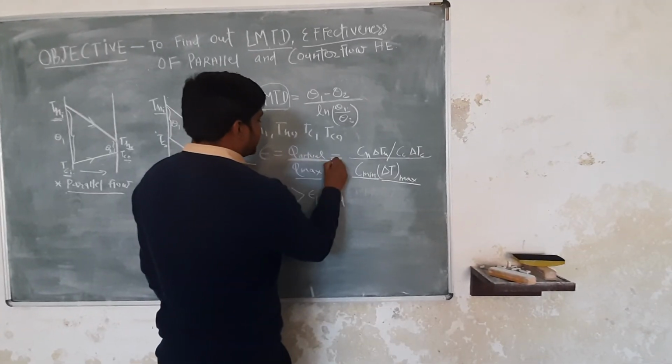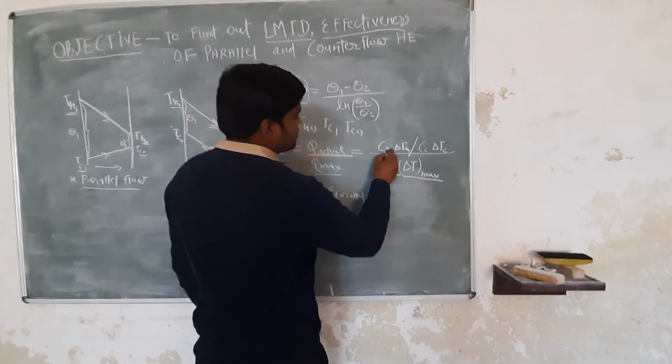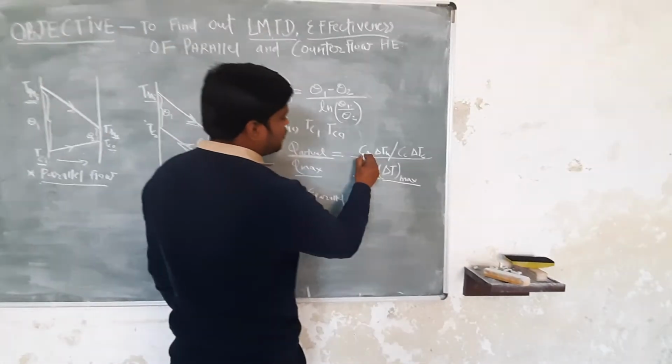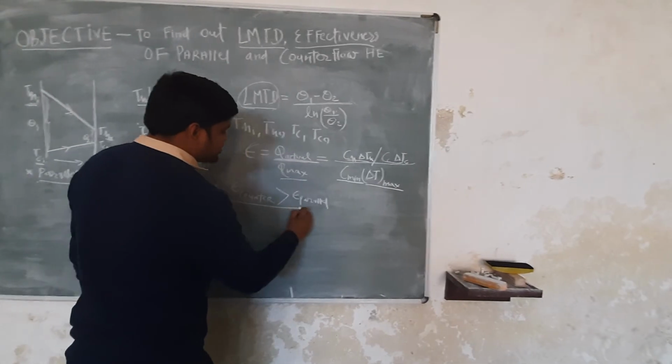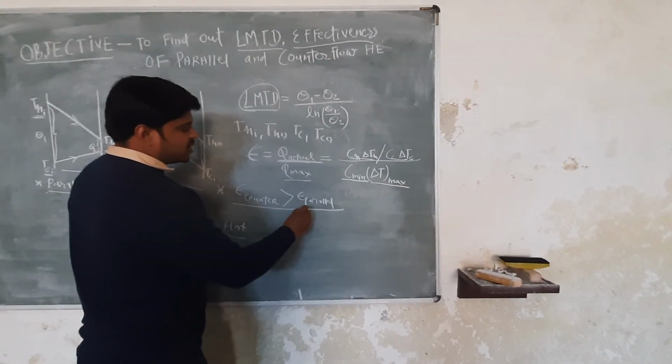And for finding out the actual heat transfer, we can simply multiply the heat capacity by the temperature difference, either for the cold fluid or for the hot fluid. And after conducting the experiment, we find out that the effectiveness of the counter flow arrangement will be more than the parallel flow arrangement.